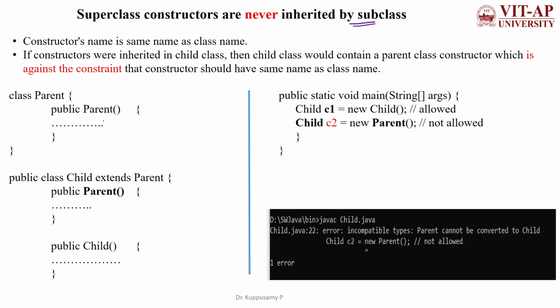Here you see, when you use a constructor name the same as the class name, that will be called a constructor. If constructors were inherited in the child class, then the child class would contain the parent class constructor, which is against the constraint, that means condition, that a constructor should have the same name as the class name.